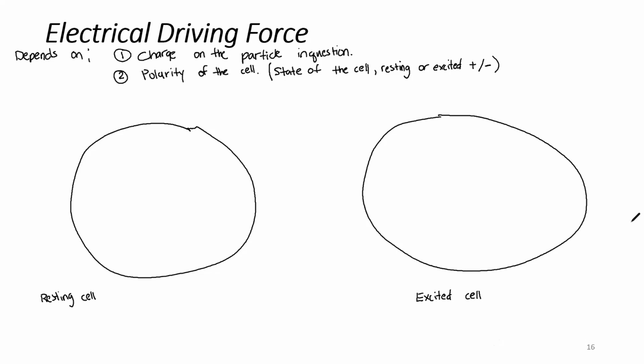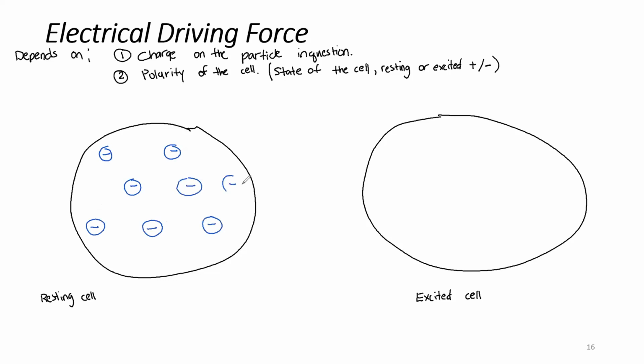Our resting cell, we know, has more negative charge inside the cell and more positive charge outside the cell. So we've got an abundance of negative charges. We'll talk about how that comes about a little bit later on, how we actually establish the resting membrane potential.